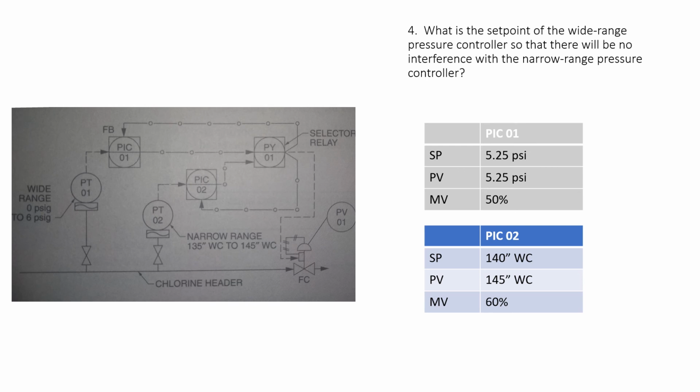It's just that output hasn't been going anywhere. Once it takes over, this output goes into the valve, and so we don't see big drastic swings in pressure, because they're both reading the pressure at the same line. They're just reading a different range, and the controllers respond quicker or slower.